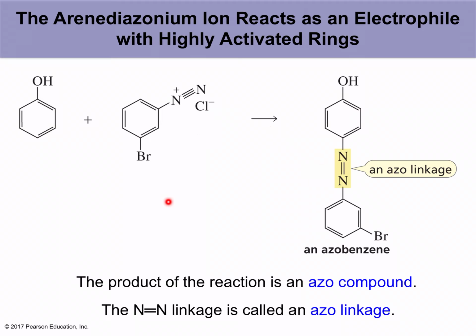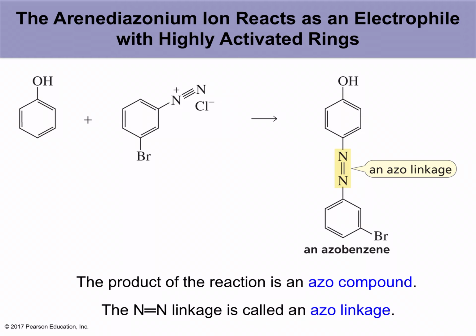So what's happening here? The para position, this carbon adds on to this nitrogen here. Now this can act as an electrophile, forming an azo linkage. We call this an azobenzene. The product of the reaction is an azo compound. The N=N linkage is called an azo linkage.